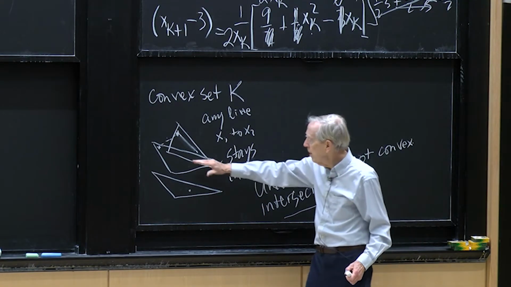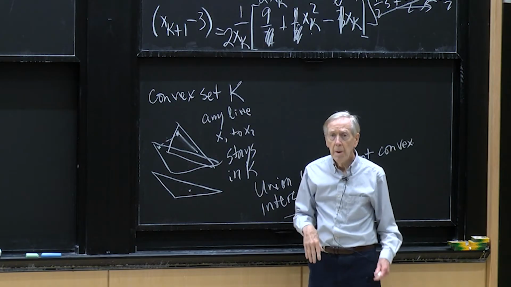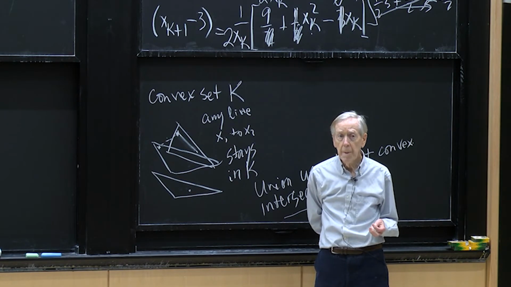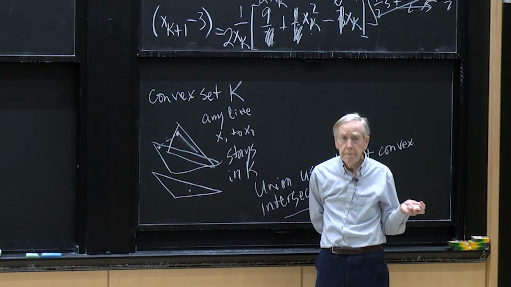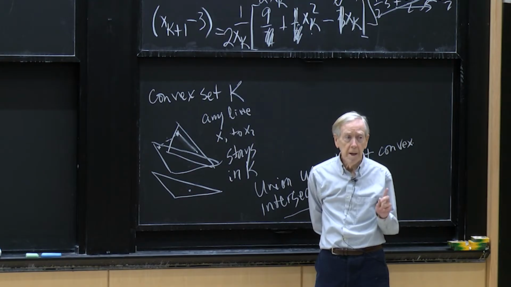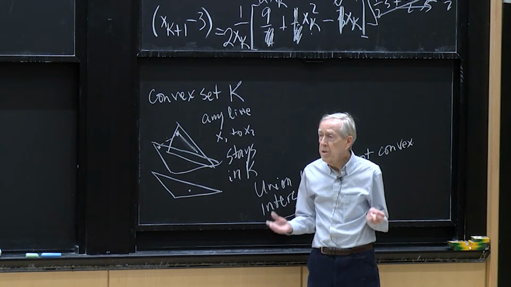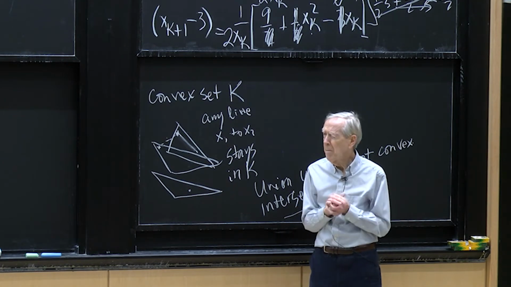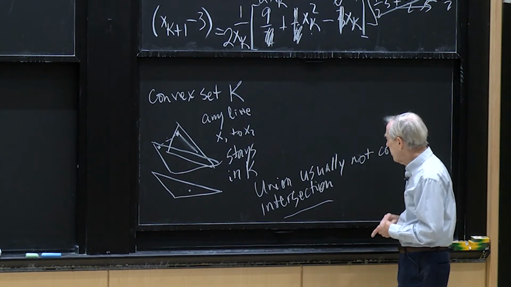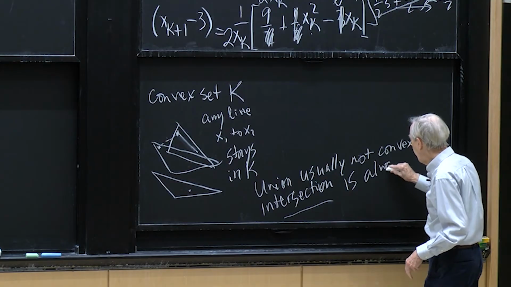When I had 2 separated triangles, what can we say about the intersection of those 2 triangles? It's empty. So should we regard the empty set as a convex set? Yes, it's vacuous. So it hasn't got any problems, right?